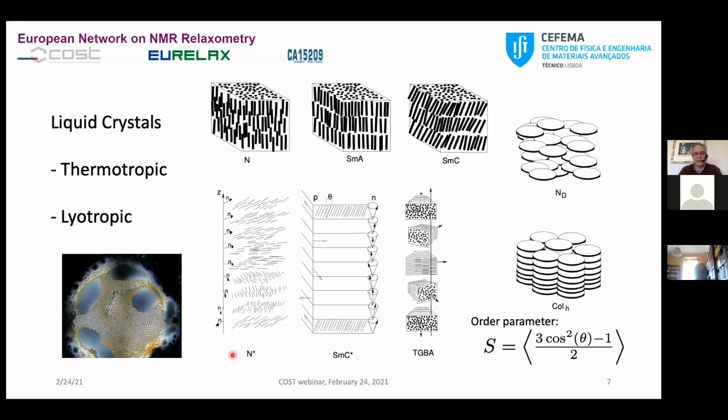So these compounds can be used as natural, let's say, thermometers.